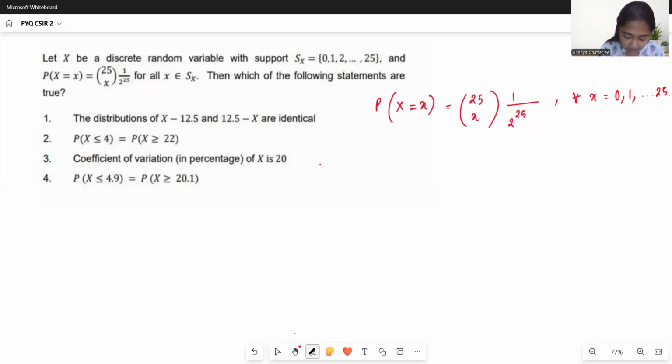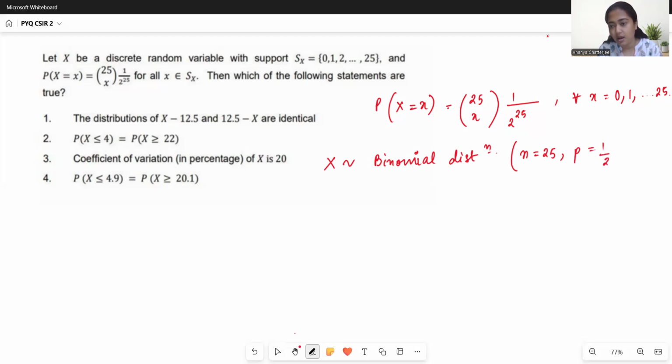So here what we get is that X follows a binomial distribution, where n is given as 25 and p is given as half. X follows binomial(n, p) where n is 25 and p is half.